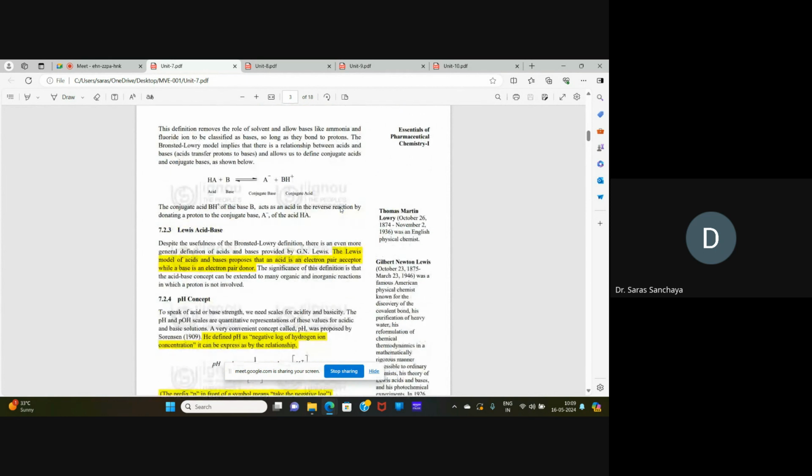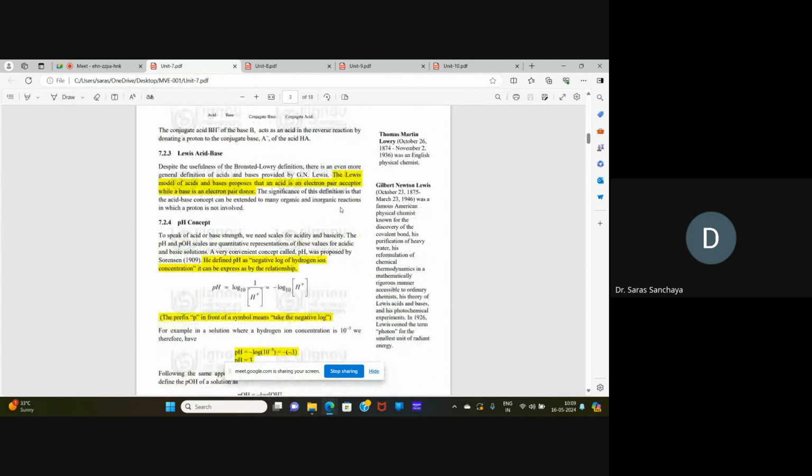Now, what is pH concept? To speak of acid or base strength, we need scales of acidity and basicity. The pH and pOH scales are quantitative representations of this value for acidic and basic solutions. A very convenient concept called pH was proposed by Sorensen. He defined pH as the negative log of hydrogen ion concentration. It can be expressed by the relationship that pH is equal to negative log of hydrogen ion, or minus log H plus ion.